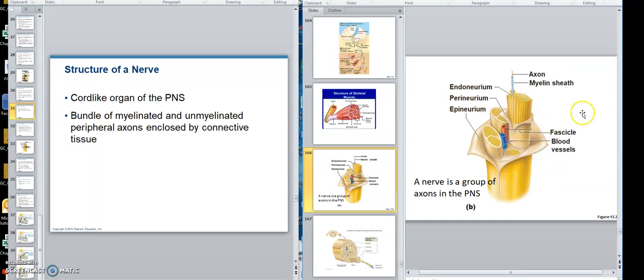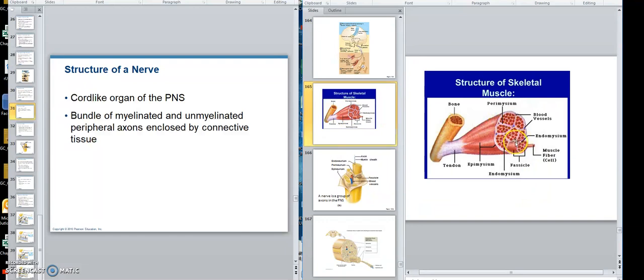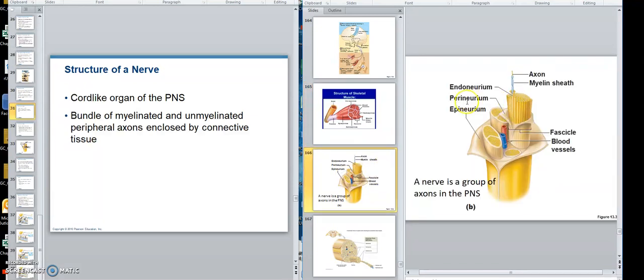Then the axons are separated within there into a fascicle, groups of fibers. Same thing you did here. And just like here, you had a perimysium around a muscle fascicle, what do you have here? A perineurium around a nerve fascicle.